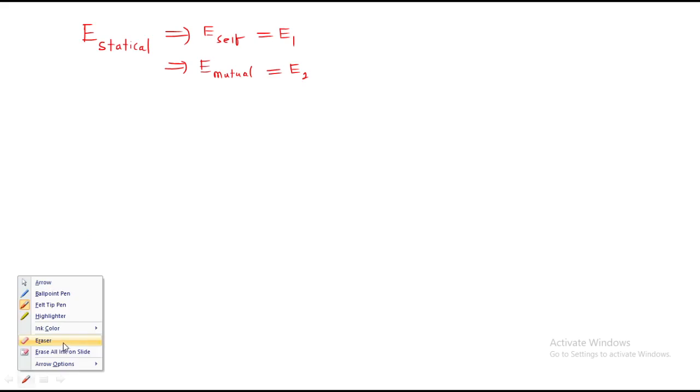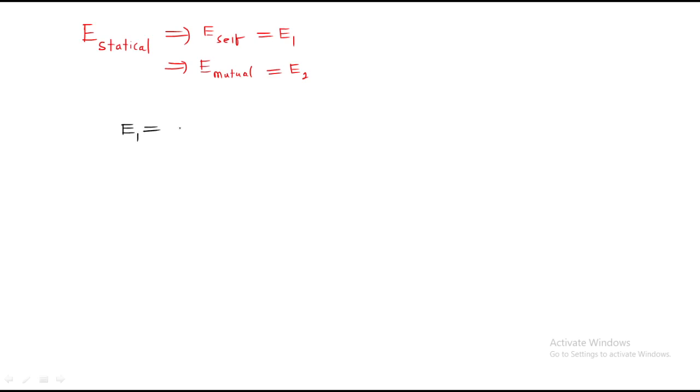First I would like to derive E1, which is equal to minus N dφ by dt, where φ is nothing but φm sin ωt.